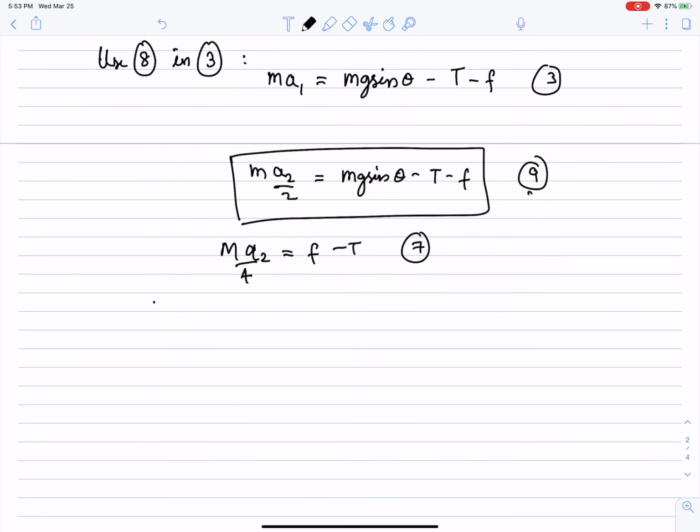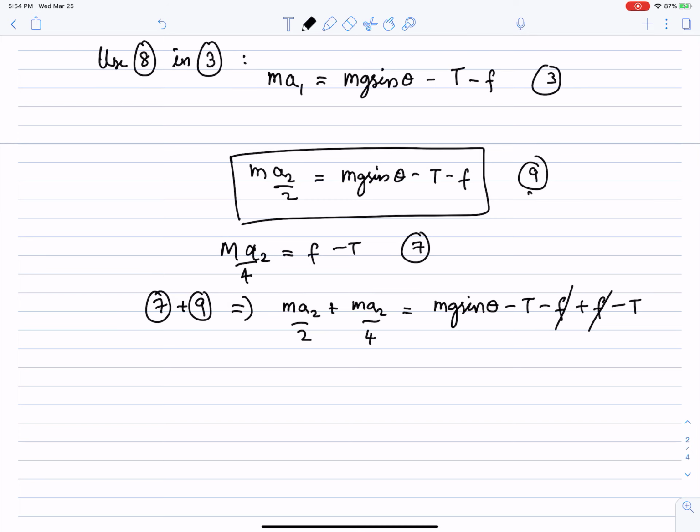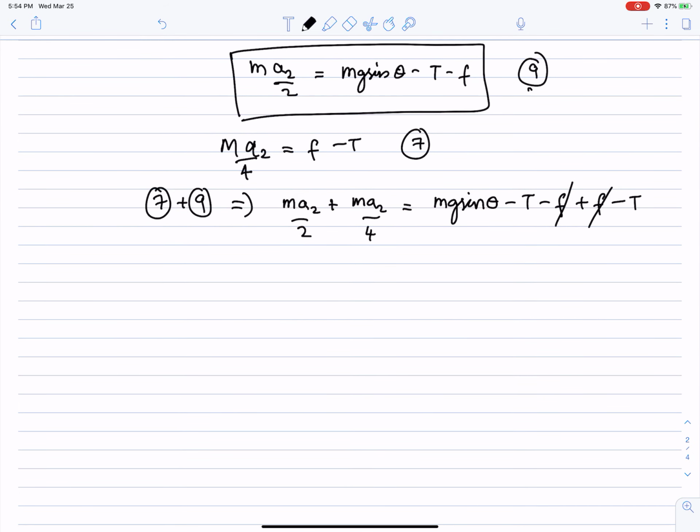Add. We get ma2 over 2 plus ma2 over 4 equals mg sine theta minus t minus f plus f minus t. So what do we have here? We have ma2 times half plus a fourth is 3/4, equals mg sine theta minus 2t. So let's call this equation number 10.